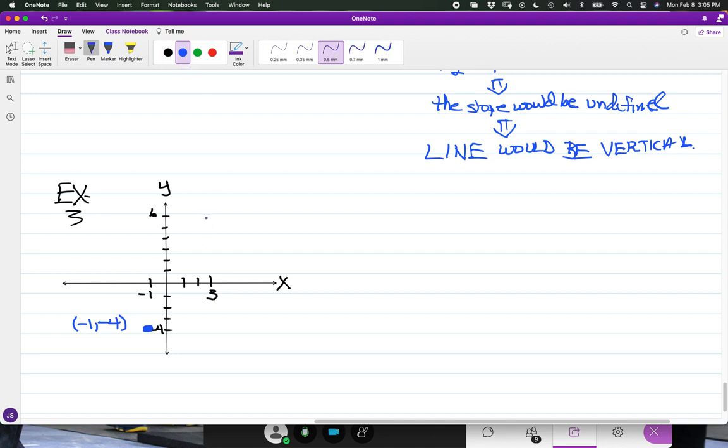Now say I have going out to 3, 6. And these 2 points are connected by a straight line.